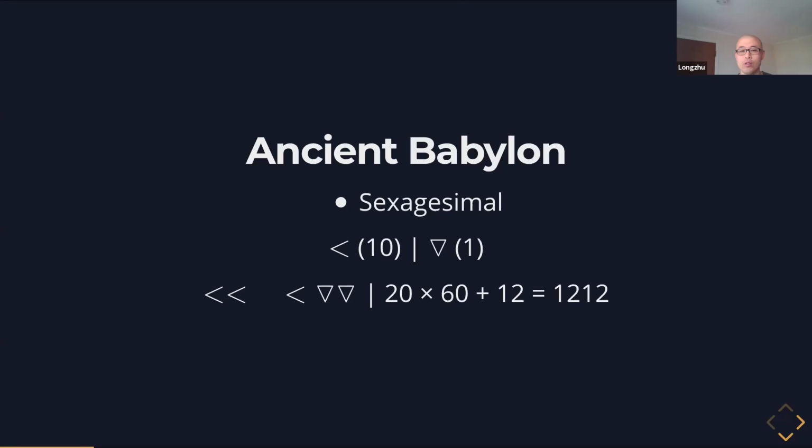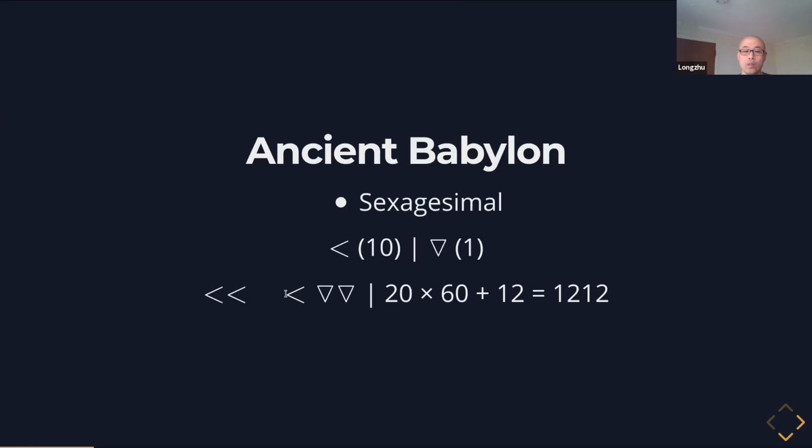So in their system, they primarily used 2 symbols. One is a triangle upside down. The other one looks like a small less-than symbol in mathematics. They represent 10 and 1 respectively. So for example, here, this is a writing in Babylon. So this is their first digit, the second digit.